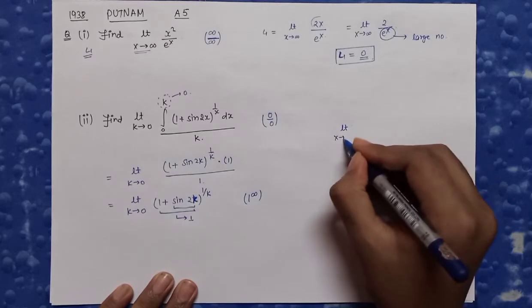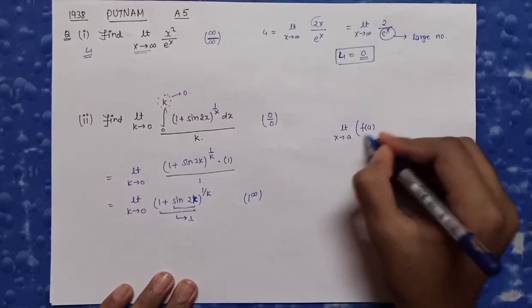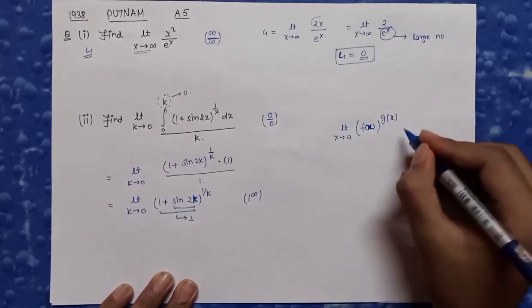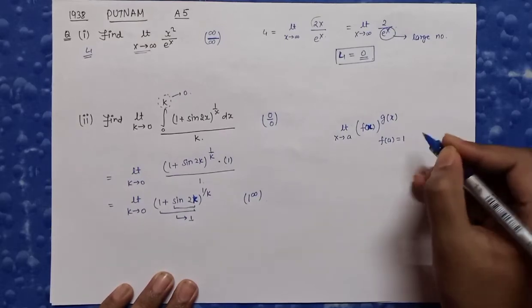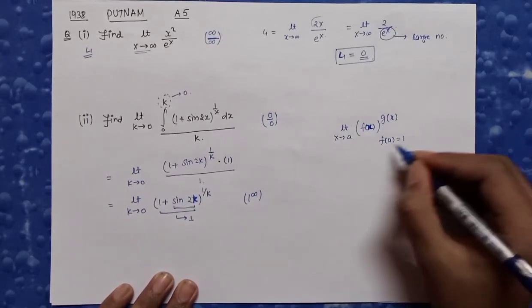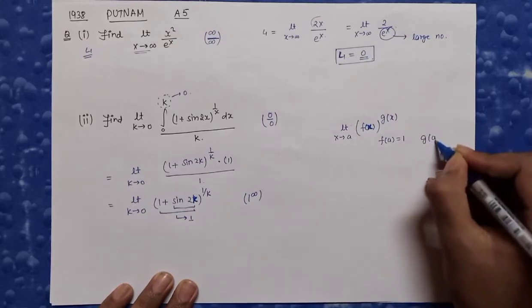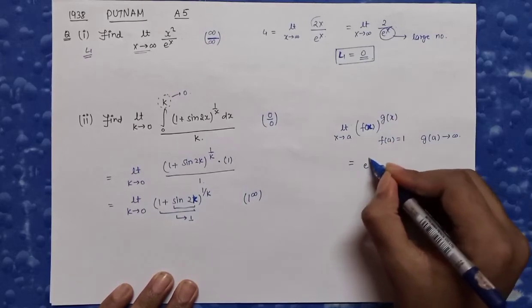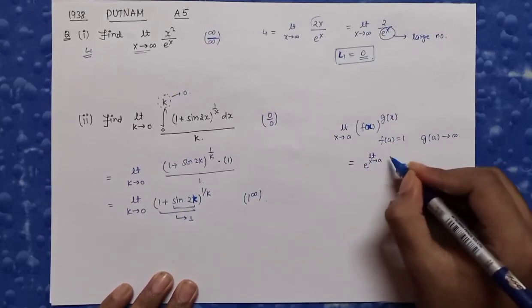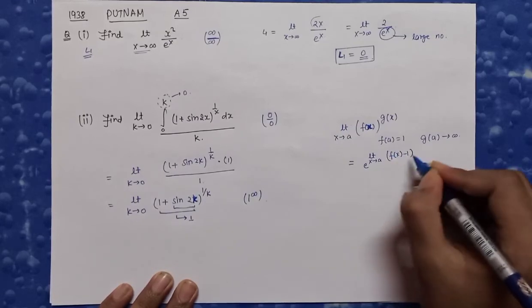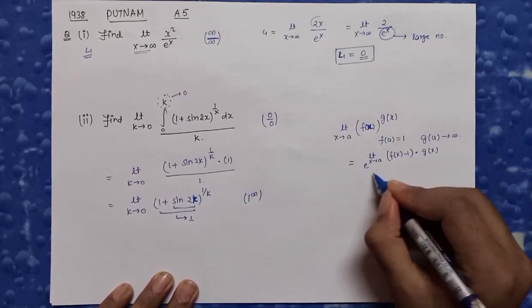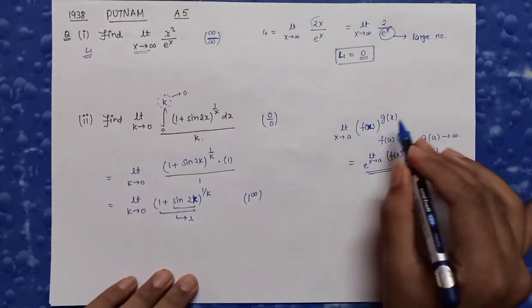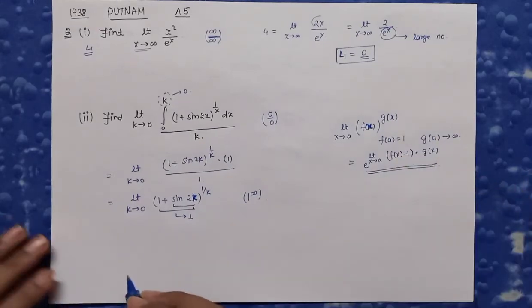If limit x tending to a of f(x) whole raised to the power g(x) is such that f(a) equals 1 and g(a) is tending to infinity, then its limit is equal to e raised to the power limit x tends to a of (f(x) minus 1) times g(x). This gives the value of the limit of f(x) raised to g(x), which I am going to use over here.